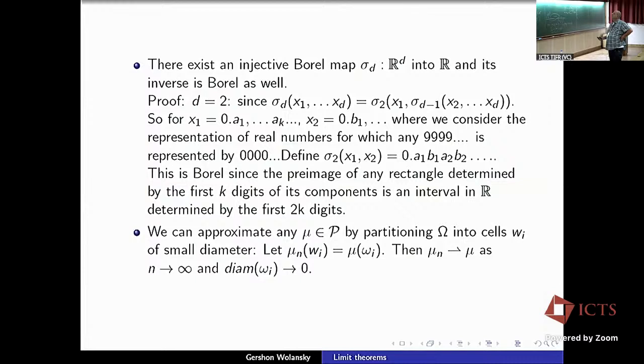And we define this mapping, and we can see that it is Borel. The pre-image of any rectangle determined by the first k digits of its components is an interval in R which is determined by the first 2k digits.